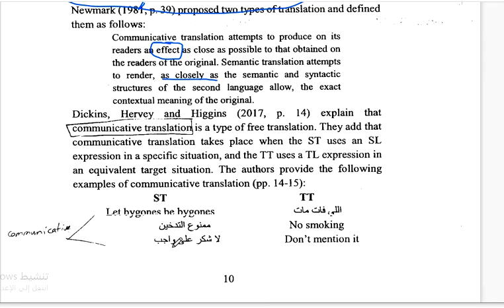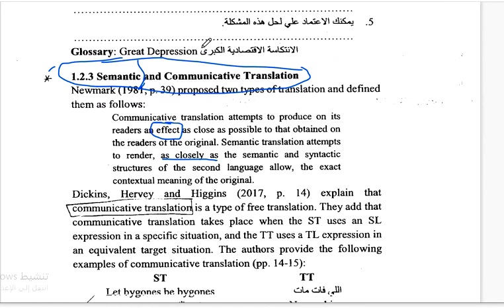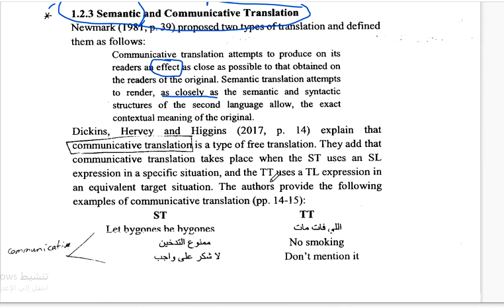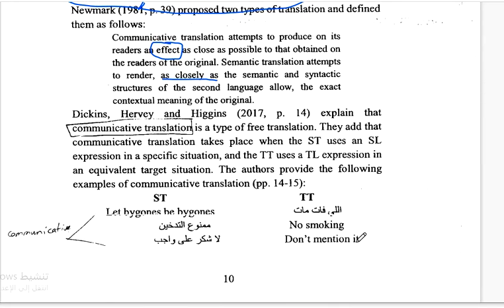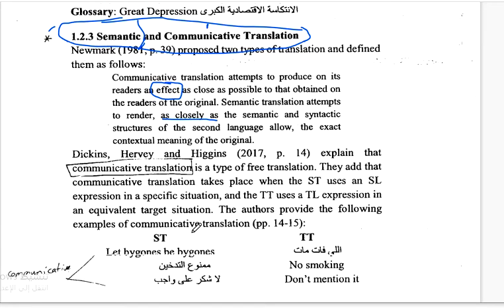And this will not be comprehensible. But if I use communicative translation, it will be don't mention it. ممنوع التدخين. If I translate it semantically, يعني نفس المعنى المباشر, the translation will be forbidden smoking, or smoking is forbidden.